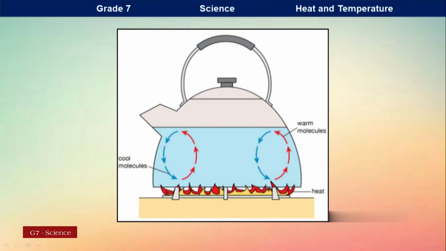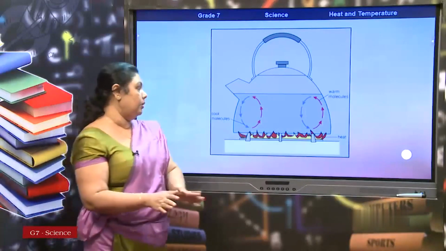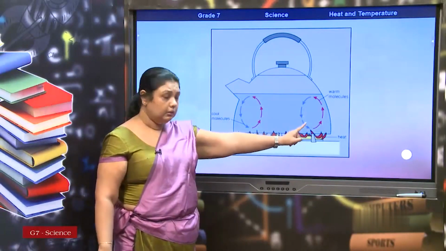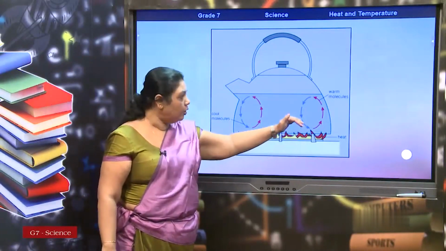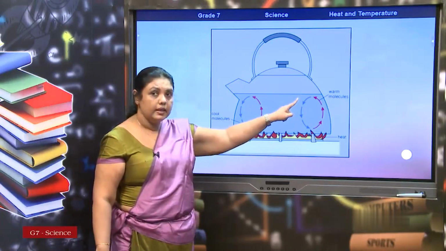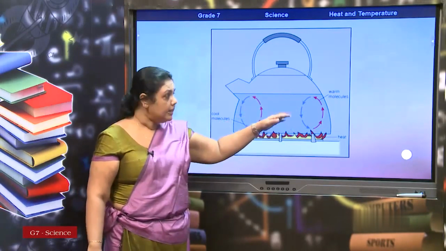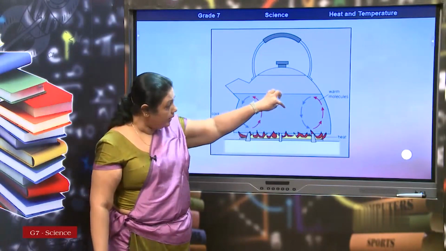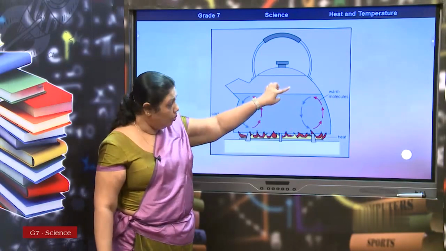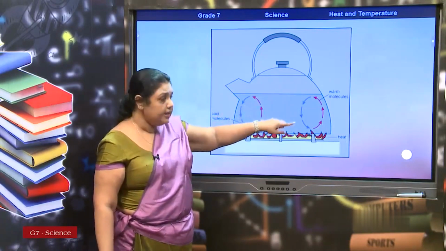So, in convectional current, what you need to remember here is heated particles. We learnt that heat moves from a hotter place to a colder place. That you have to remember. So, here it has moved from the hotter place, the red arrows, and then the blue part moves down, since they are cooler and not as light as the others.